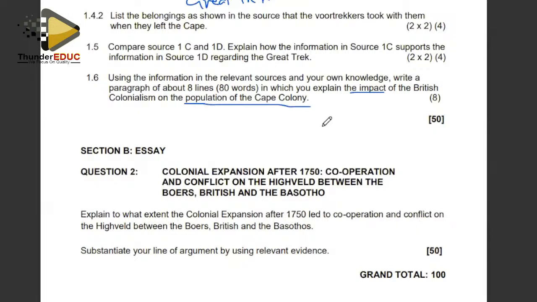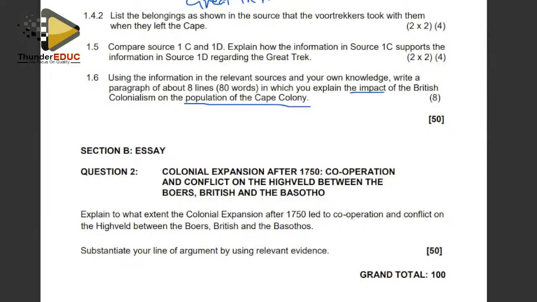So in this one, you must take an independent answer according to your understanding. How can you classify the impact? Because when we're talking of impact, impact is not one-sided. It can be a positive impact or it can be a negative impact. So in this instance, I can advise you to adopt a line of argument which caters for either side.